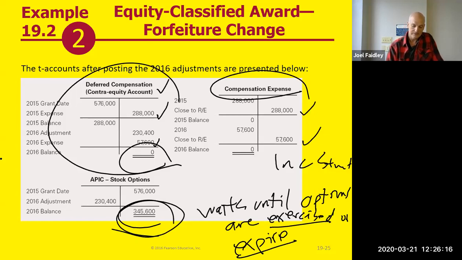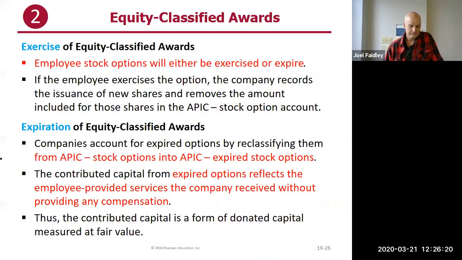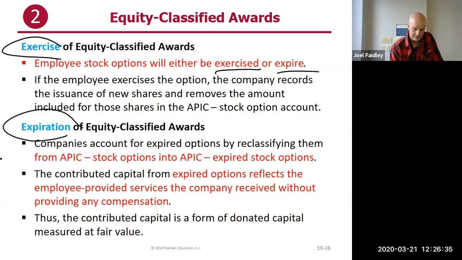If they're exercised, you're going to debit, but we'll see. We'll get there. All right, so these are equity classified awards. They're either going to be exercised or they're going to expire, like I just said. And then expiration, there it is. From APIC stock options into APIC expired stock. A very simple journal entry.